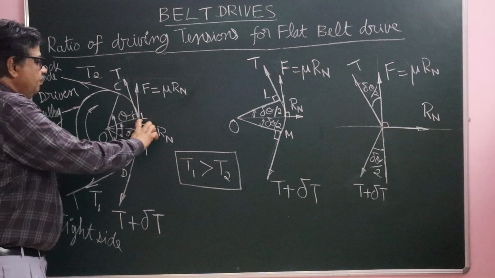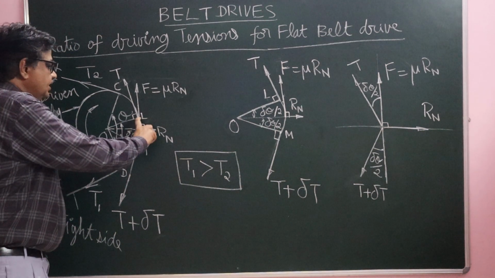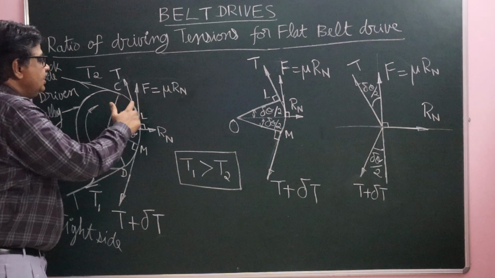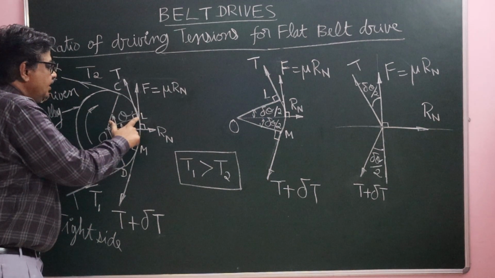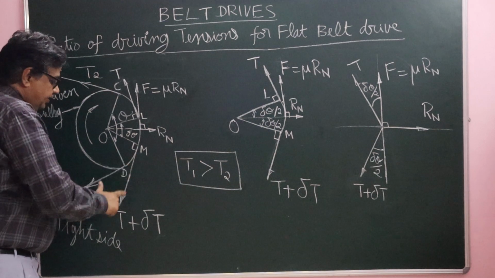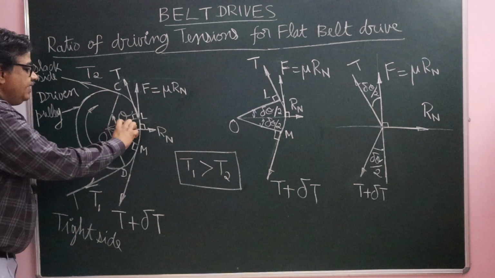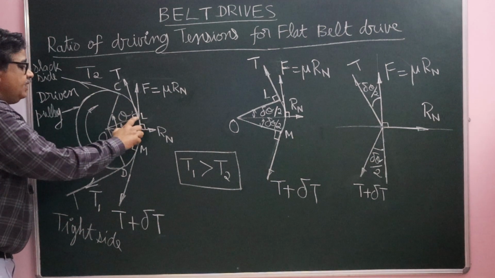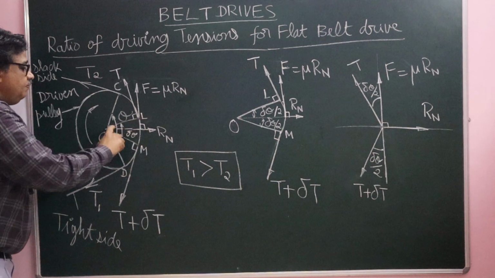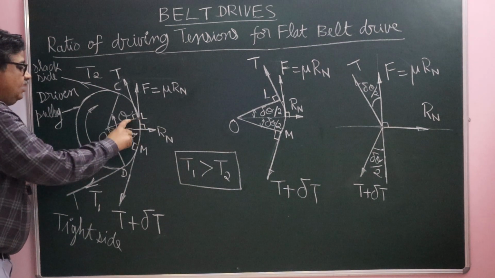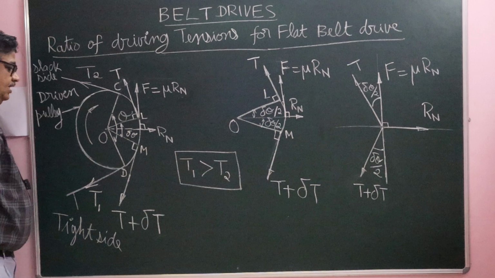So the portion LM of the belt is under the following forces: the force of friction, tension T at point L, and tension T plus del T at point M. Del theta is the angle subtended by the small portion LM of the belt at the center, angle LOM is del theta.